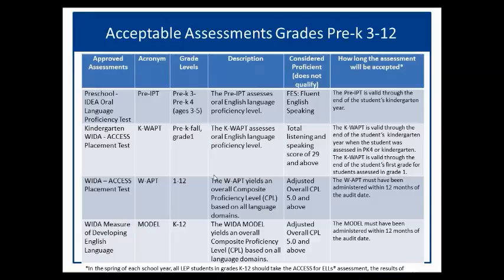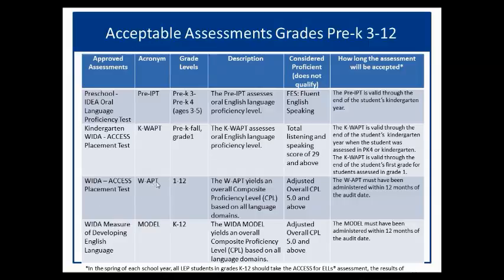In terms of acceptable documents, for students in grades pre-K 3 to 12, the acceptable documents are listed here in the chart. There's the pre-IPT for students in grades pre-K 3 and pre-K 4. The KWAPT, which is administered to students in grades pre-kindergarten through the fall of their first grade year.